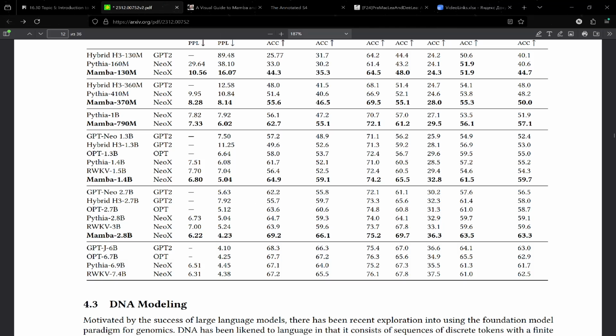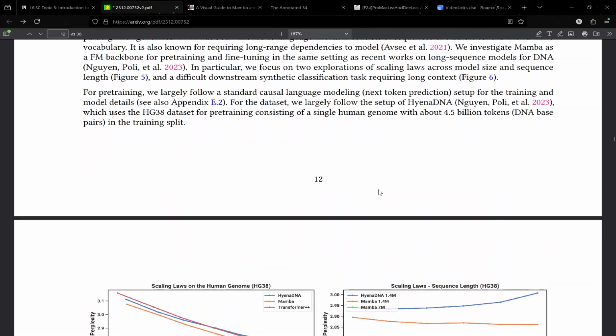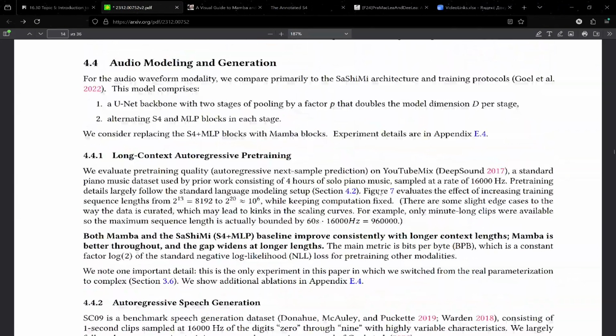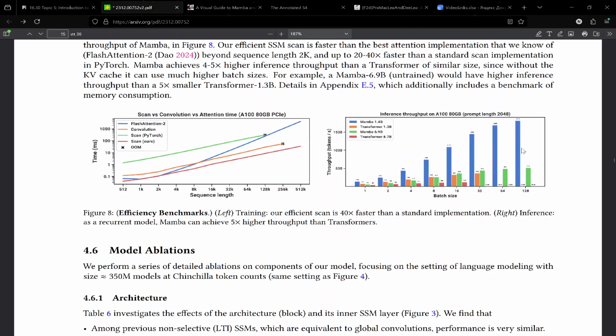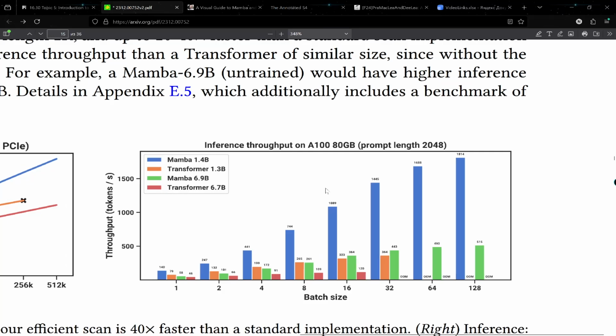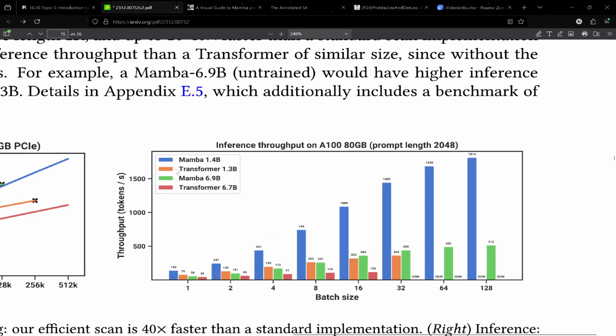Here it is the best everywhere. And there is another picture here. Mamba scales well with batch size, and transformers run out of memory. So indeed, transformers are very big and Mamba is small.